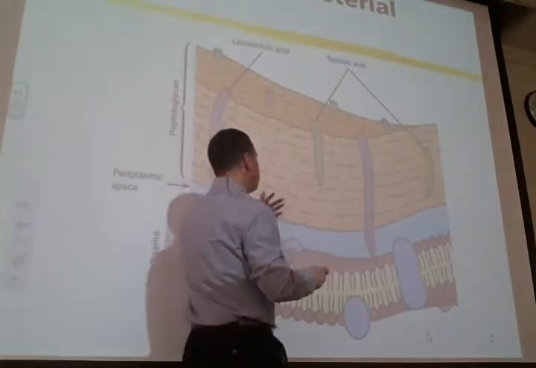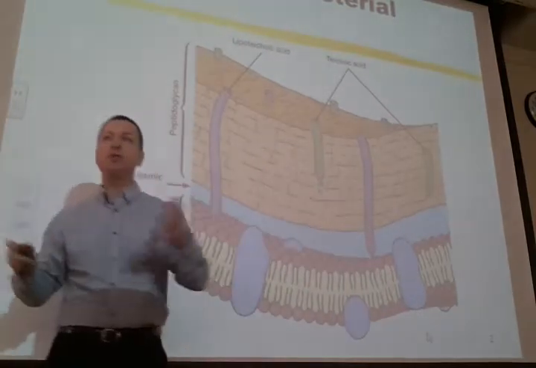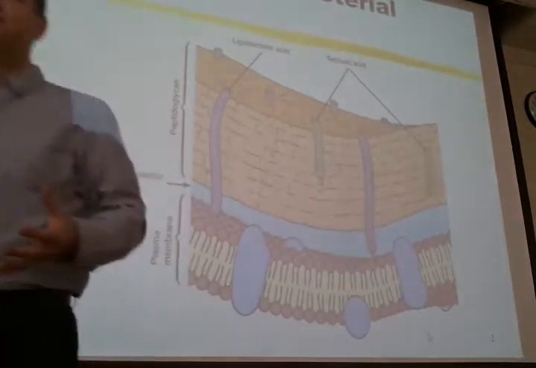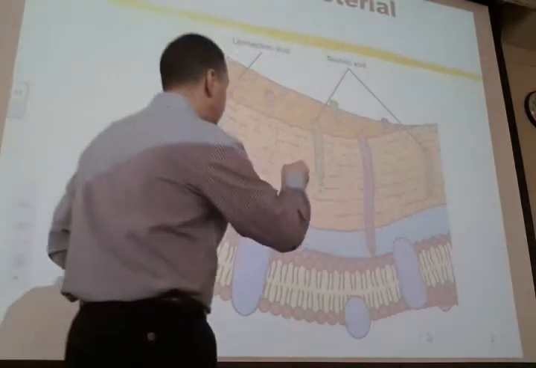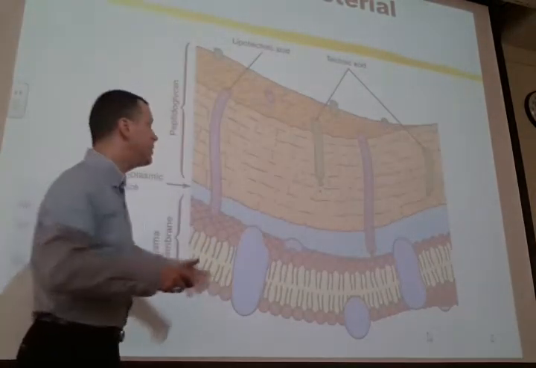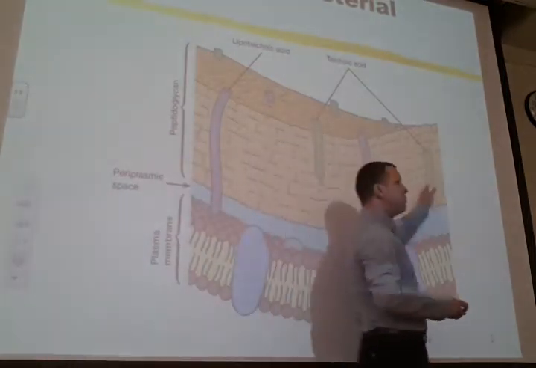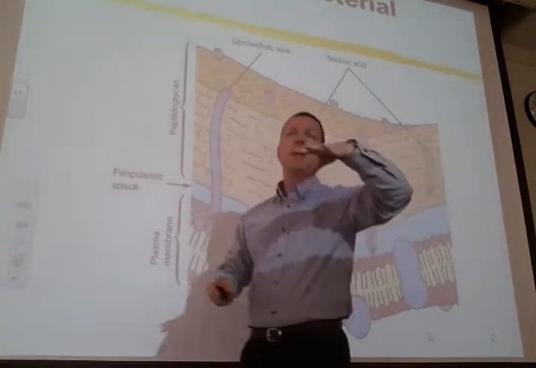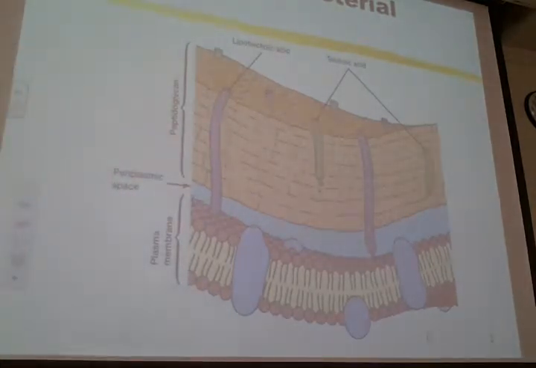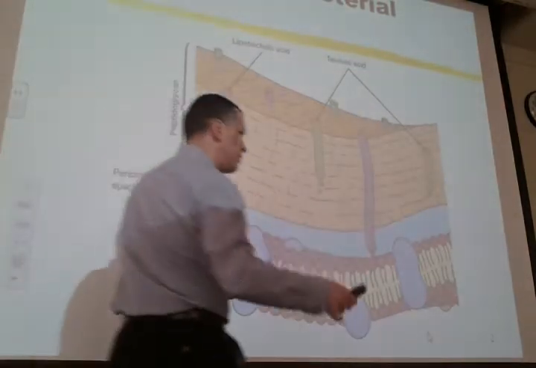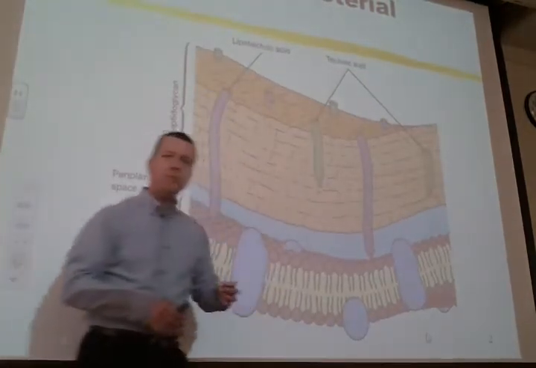And my analogy for this is always, if you've ever heard of steel-reinforced concrete, which is a building material. If we think of the peptidoglycan layer itself as the concrete, these teichoic acids are the steel rods, and what those vertical elements do is give a lot more strength to the concrete, in our little analogy, or in this case to the peptidoglycan layer.